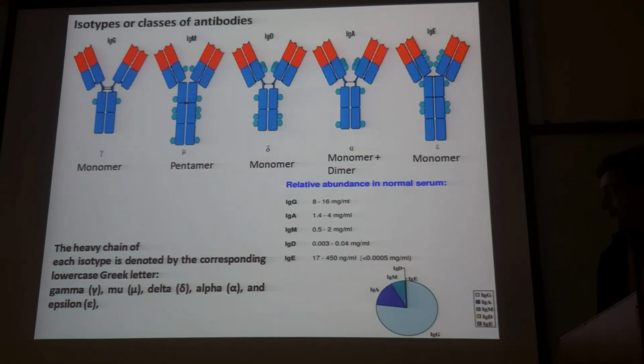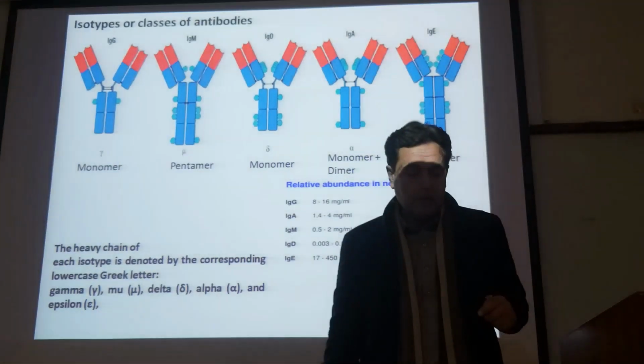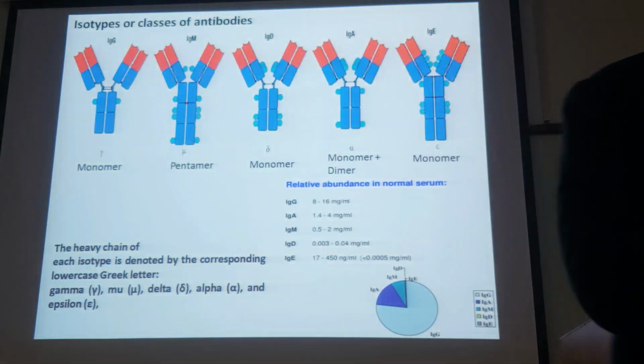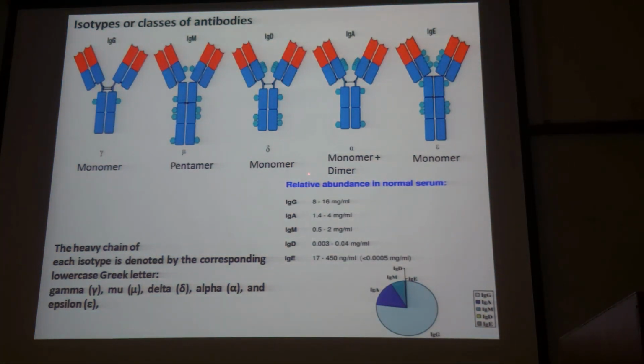So if you look at the abundance of these antibodies in the circulation or normal serum of patients, the majority of these immunoglobulins are IgG. Other immunoglobulins are also found, but their abundance is relatively less compared to immunoglobulin G.